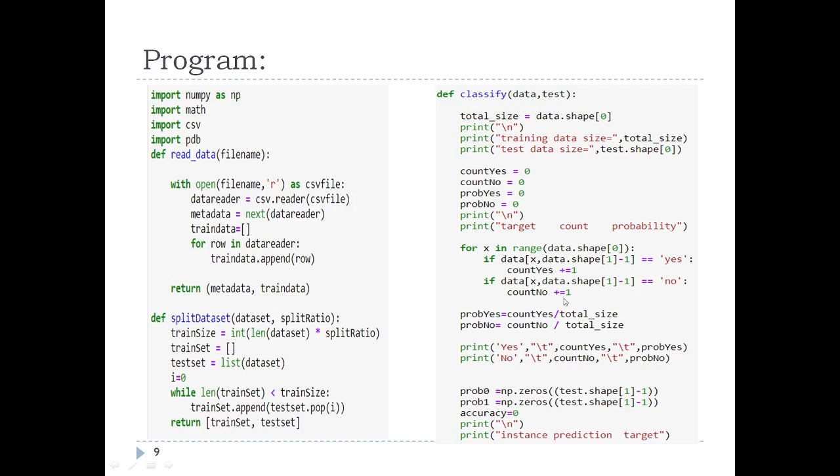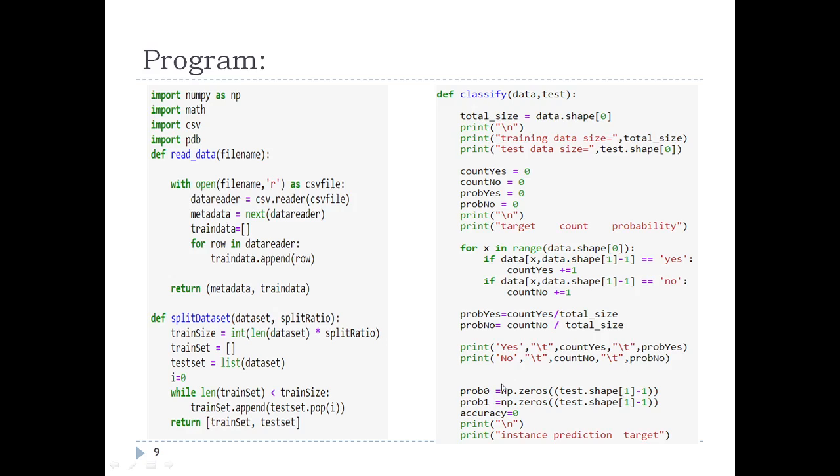The total size means the total number of training instances. Then the probability of having the target value no, the same way using this formula. Then we'll just print those values, the number of the class with the label yes and the number with the label no.